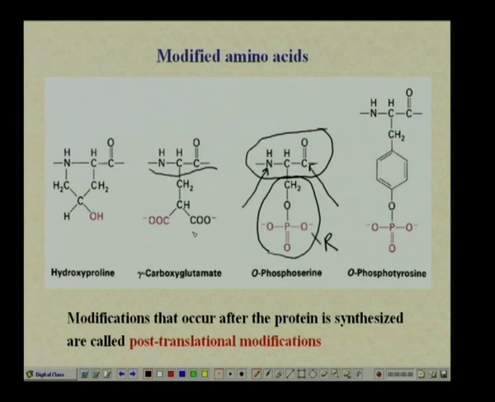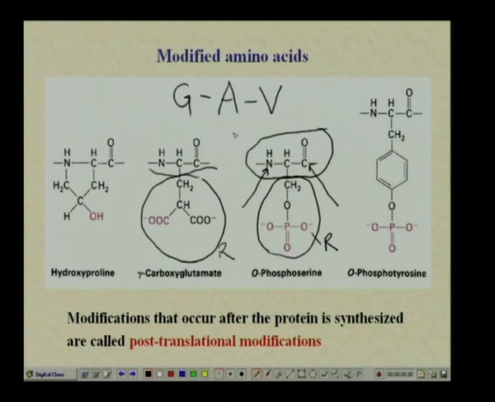When you read the sequence of the protein, then you have to recognize the symbols, and these are redundant. What is the information that you need? You only need to know what R is there. That is all you need to know, because if I tell you that I have glycine, alanine, valine, if you know the structures, you can draw the polypeptide chain, right?